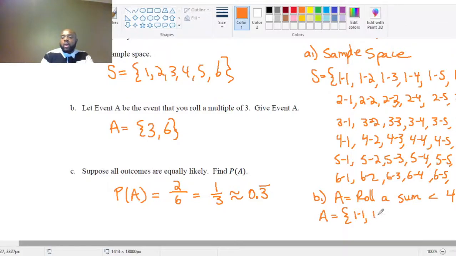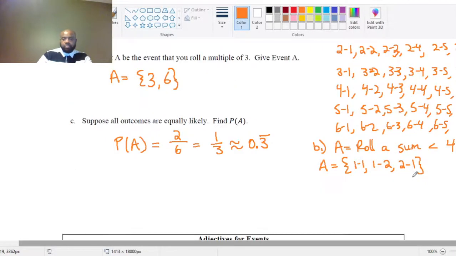I'm going to do a 1, 2, that's less than 4. And when I get to 1, 3, that's not less than 4, right? I can do a 2, 1, that's less than 4. But once I get to 2, 2, that equals 4, right? So all of these are greater. And no other elements in my sample space have this property. And so that is event A.